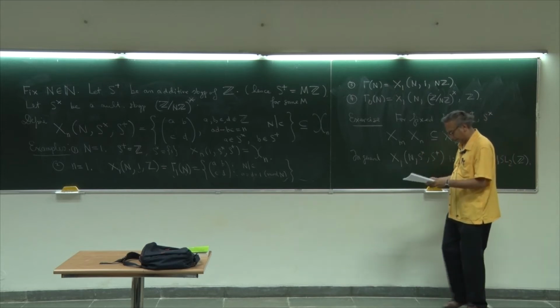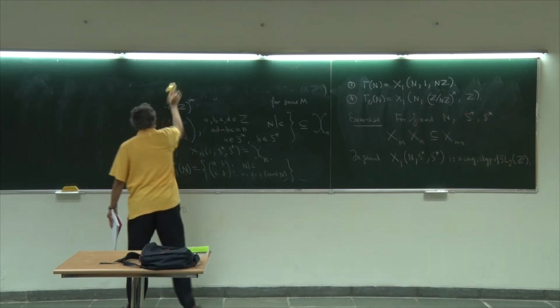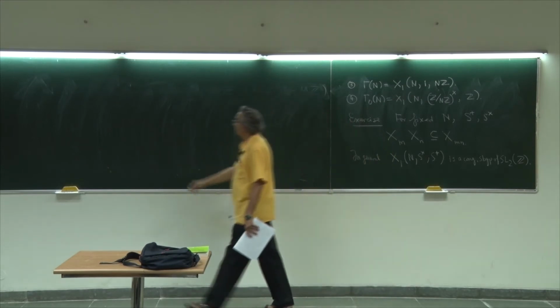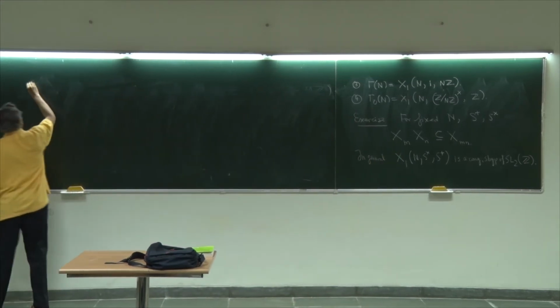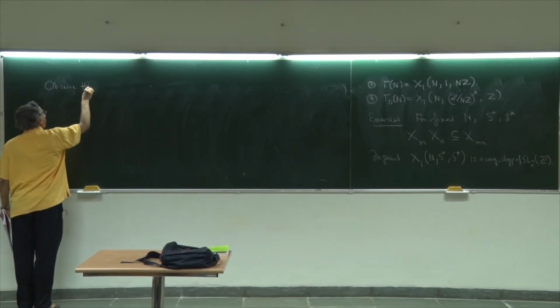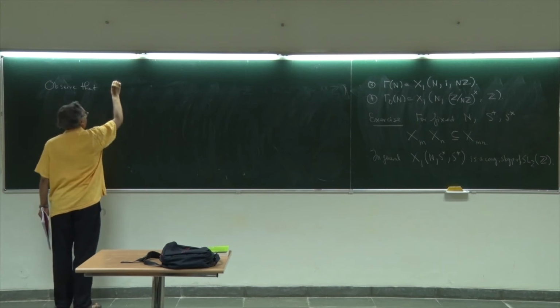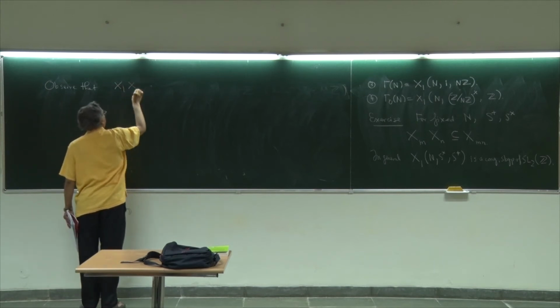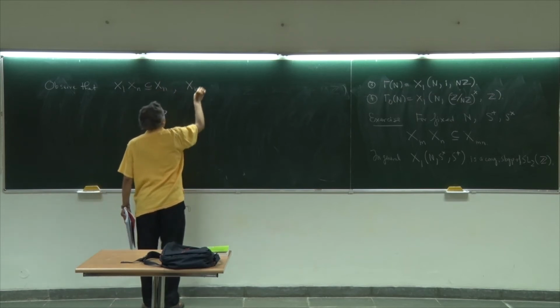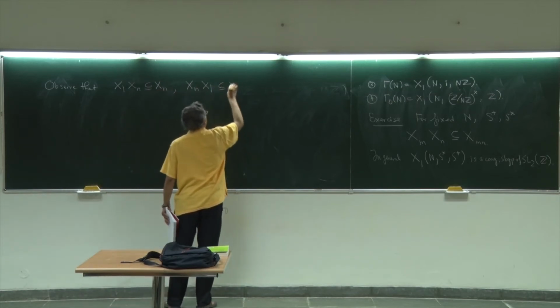Okay, so it's clear that we have a left action and a right action on this set. Observe that X_1 X_n is contained in X_n, and X_n X_1 is contained in X_n.